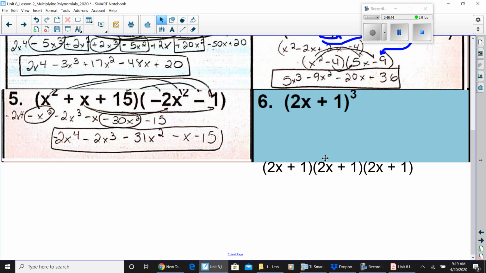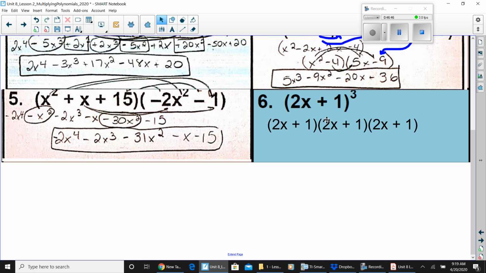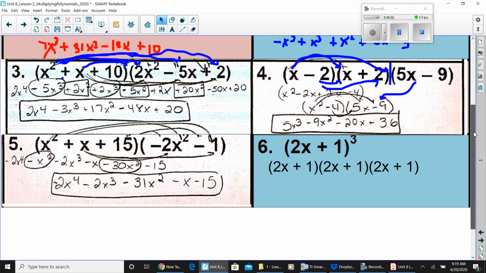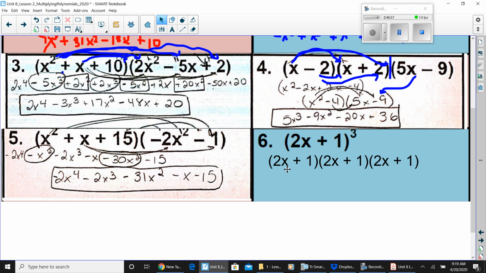So 2x plus 1 to the third power is this in expanded notation. So don't multiply, just like number 4, don't try to multiply them all at once, right? So we're just doing this 2x times 2x, and that would be 4x squared.